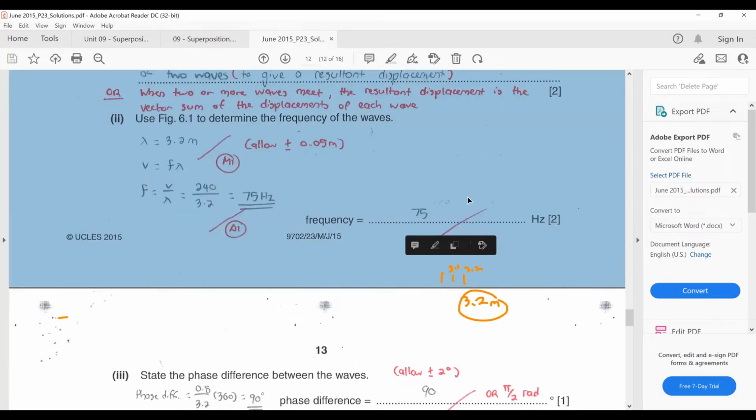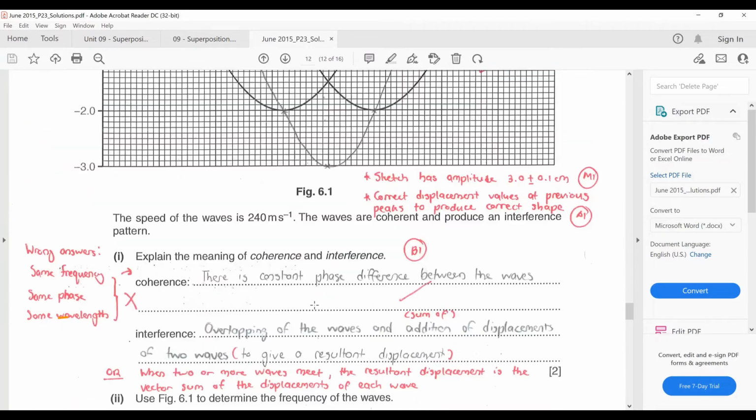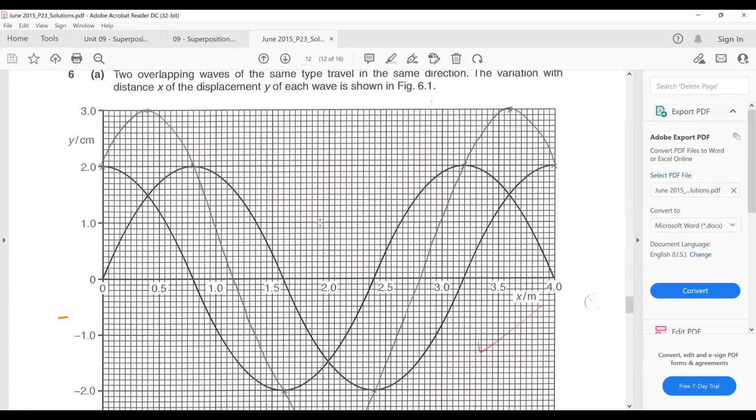All right, then after that, the question will ask you, state the phase difference between the waves. What is the phase difference between these two waves? Okay, so this is where you will make use of what you learned in the previous chapter when it comes to finding phase difference between two waves. I mentioned to you before that if you want to find phase difference between two waves, you just pick 2 points that are similar to each other. Either the crest and crest, trough and trough, or the equilibrium position going down or going up.